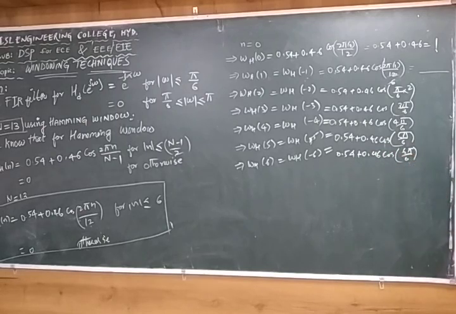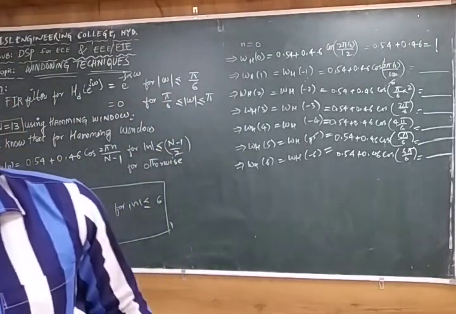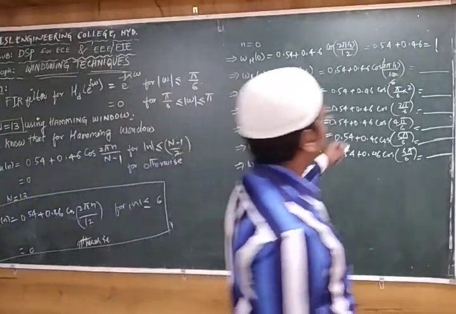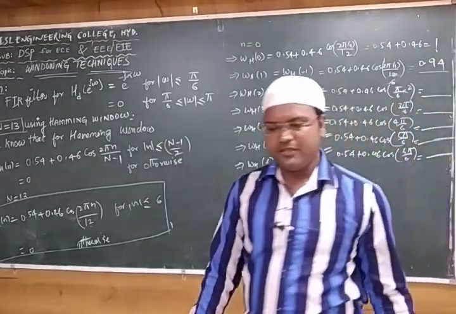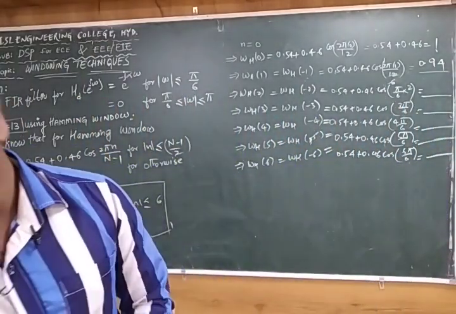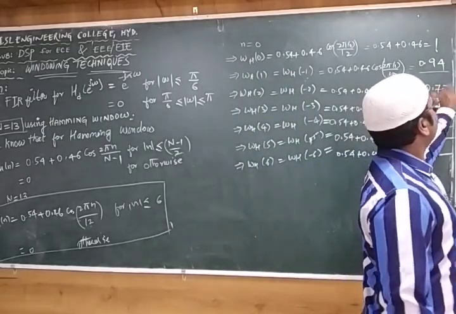So, why are we writing like this? Because cos of minus theta is cos theta only. So, we will get all the coefficients by substituting in the calculator and writing the values. I have solved it. The first value, cos pi by 6, would be 0.94. Similarly, the second value I just solved, cross-checked by putting it in the calculator: 0.77.